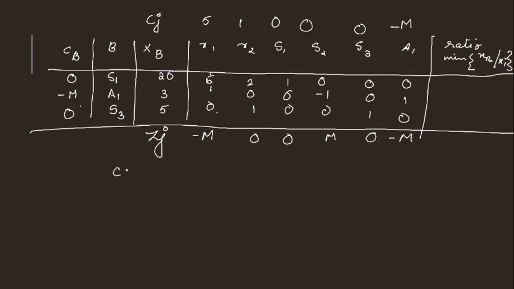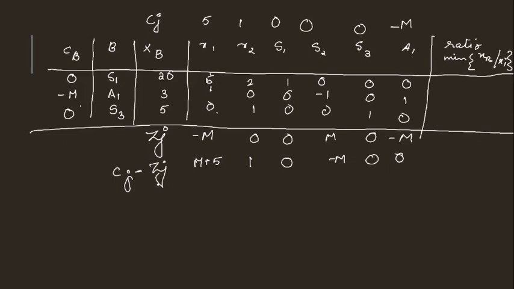What about Cj minus Zj? M plus 5, 1, 0, minus M, 0 and 0.